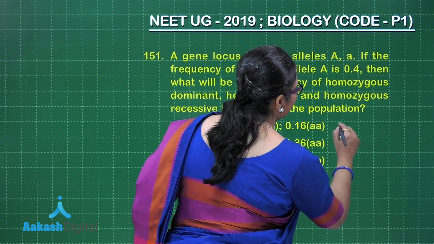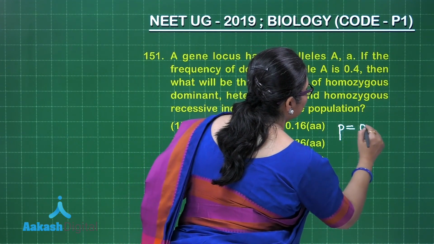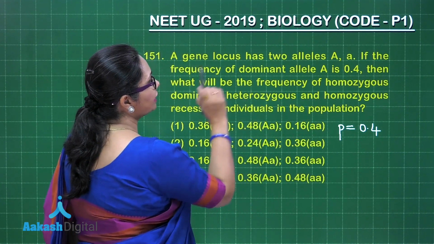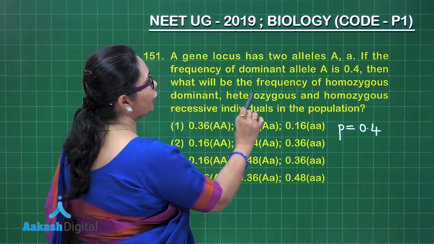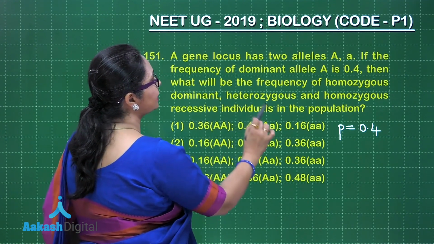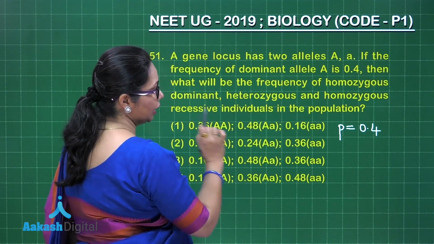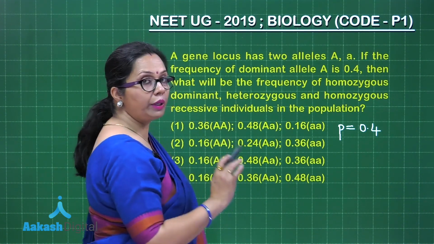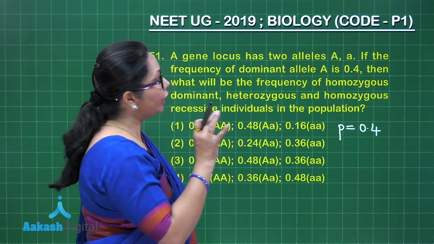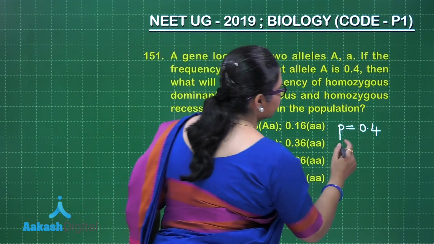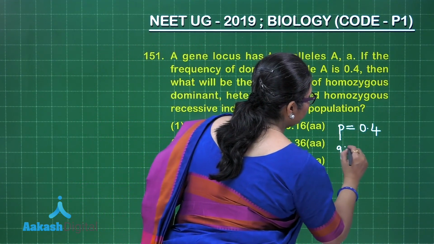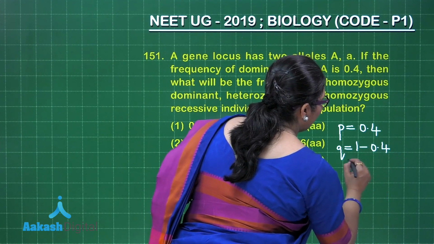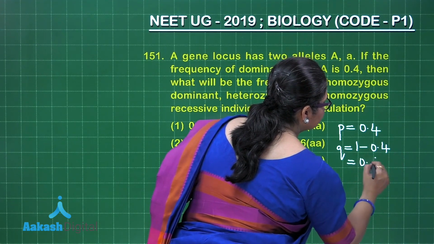So that means we are given p as 0.4. Then what will be the frequency of homozygous dominant, heterozygous and homozygous recessive individuals in the population? Now according to the first equation of Hardy-Weinberg equilibrium, p and q sum up to 1. So if p is given, that means q would be 1 minus 0.4, and that would be 0.6.